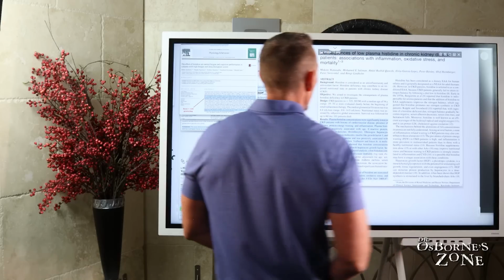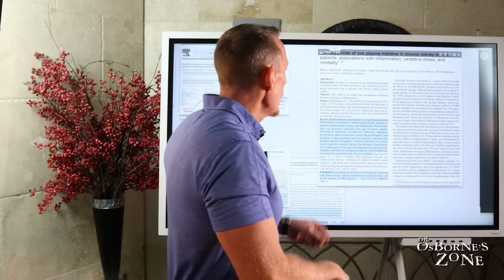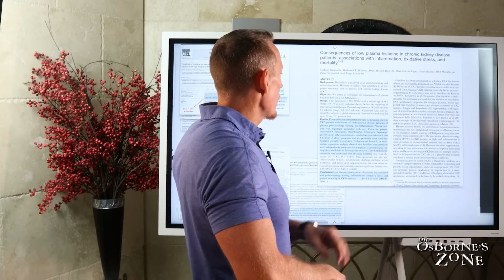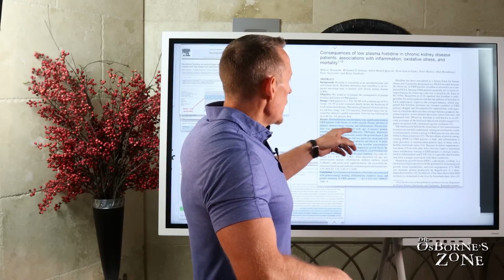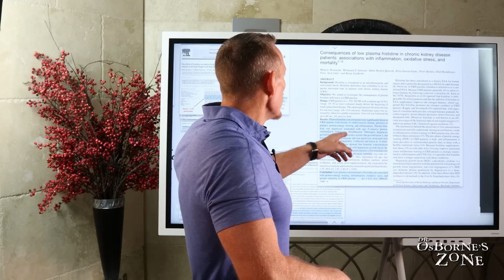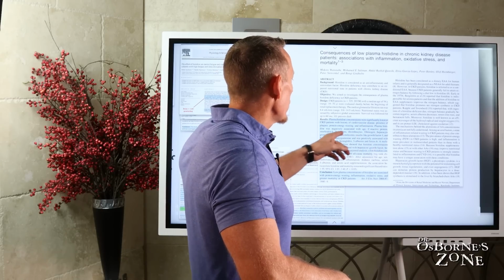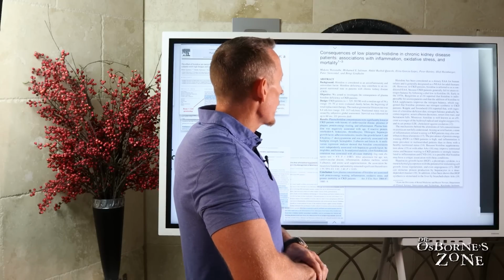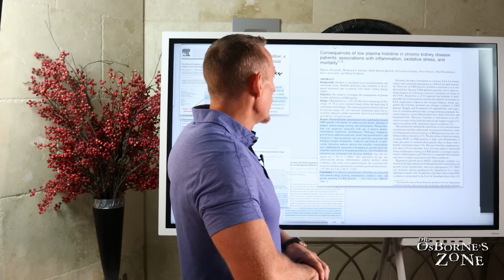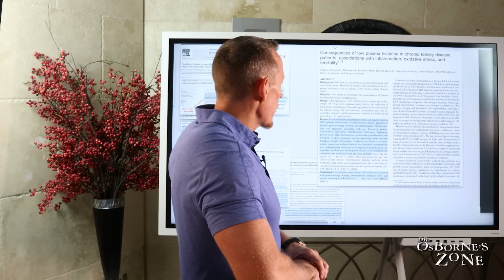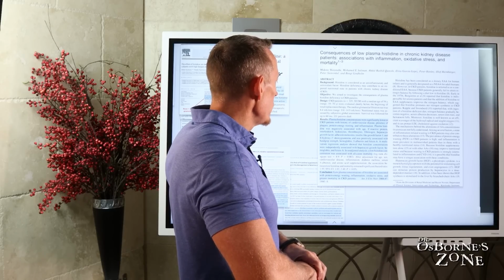Here's another study. You can see in kidney disease patients, plasma histidine concentrations were significantly lower in patients with chronic kidney disease. Plasma histidine was negatively associated with age, C-reactive protein, interleukin-6, leukocytes, thrombocytes, fibrinogen, hepatocyte growth factor, as well as adhesion molecules, insulin-like growth factor, and 8-hydroxy-2-deoxyguanosine.